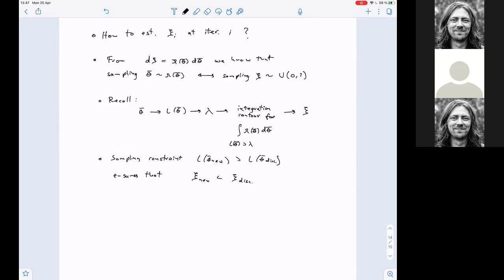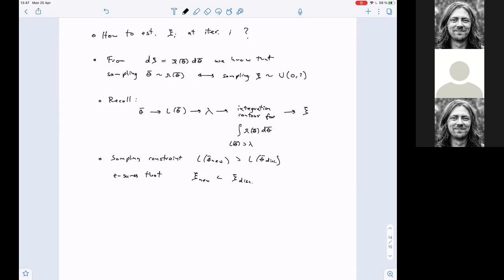So this means that if we always just sampled our points according to the prior and accepted every point we sampled, then we would just be sampling psi values from the uniform distribution from 0 to 1.